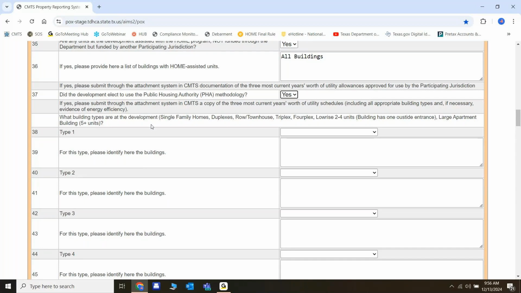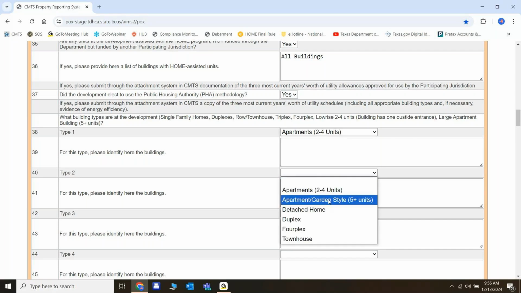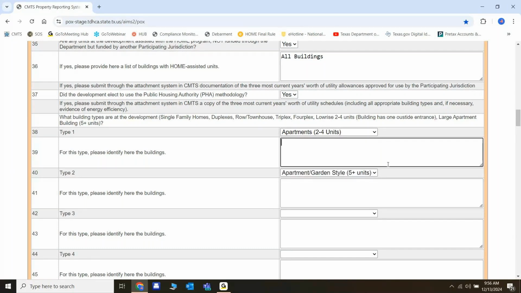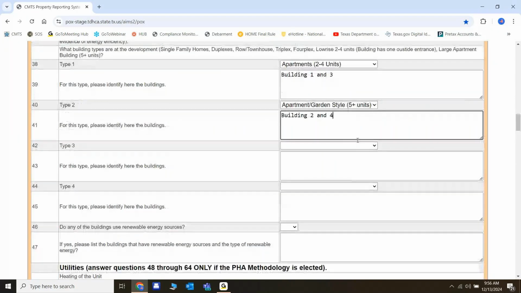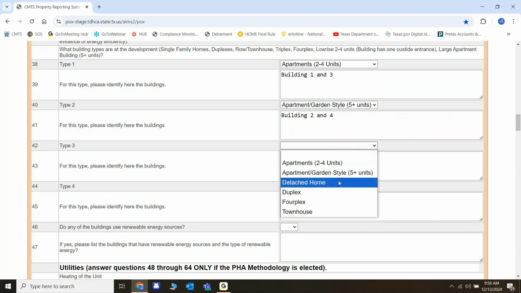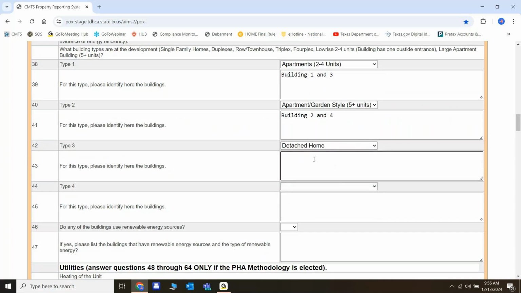What building types are for the development? Apartments, 2, 4, garden. So this is my building 1 and 3. And this is building 2 and 4. And then I've got some detached homes here in building 5.